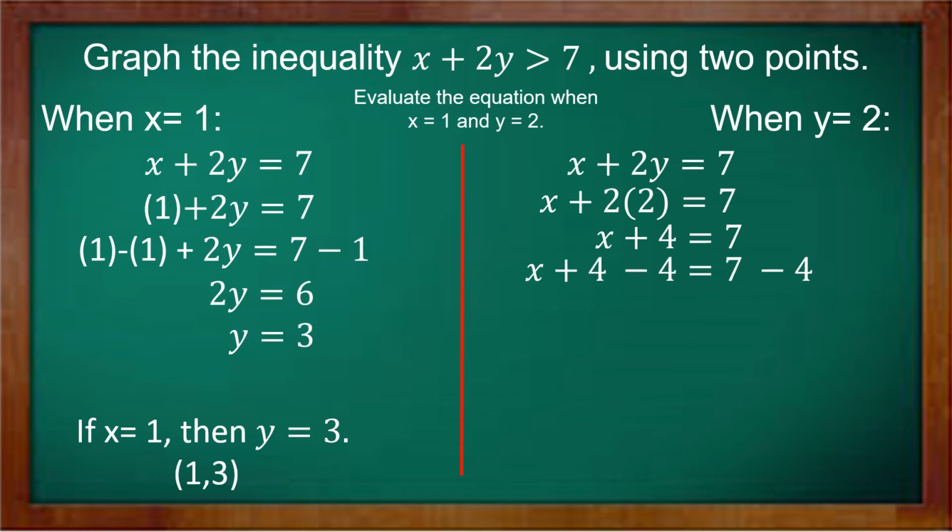Again, let us apply the additive inverse property, so we add -4 to both sides. From that, we arrive at x equals 3. Therefore, if y is equal to 2, then our x value is 3. So we now have our ordered pair, (3, 2).